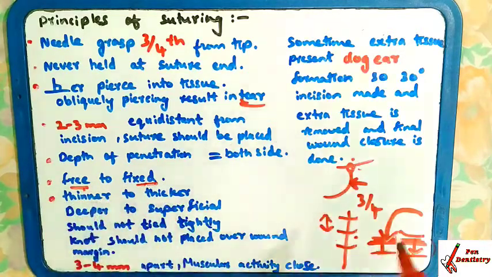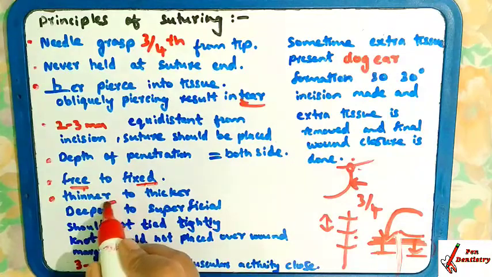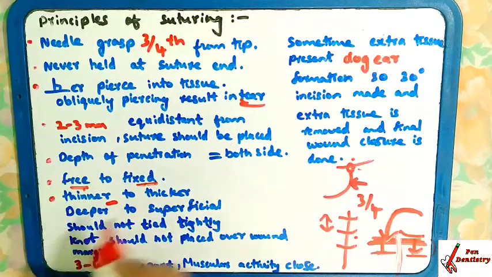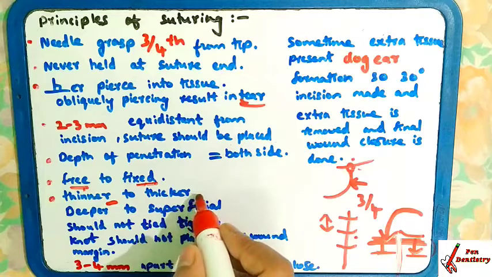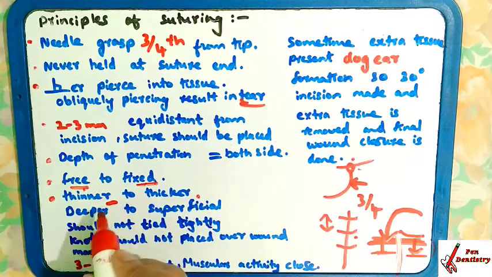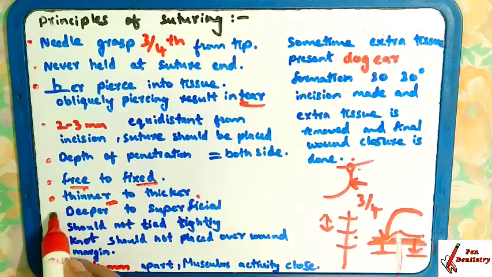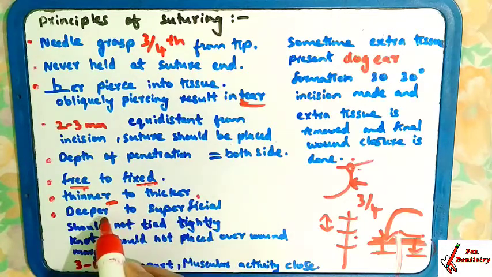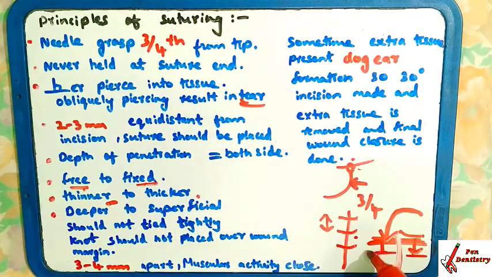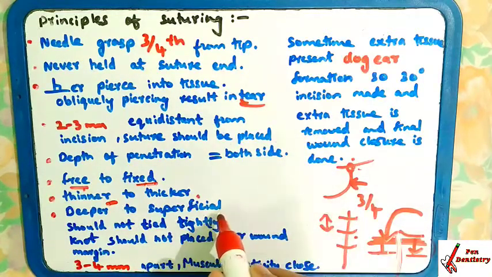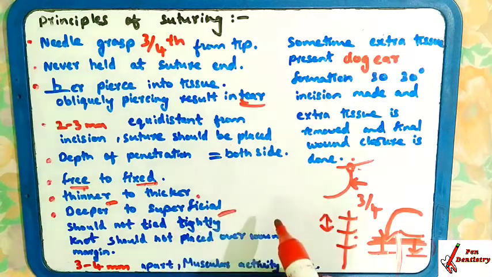The thinner part will be taken first for penetration and then the thicker part. Deeper to superficial: first you are going to take the deeper tissue and then the superficial one.